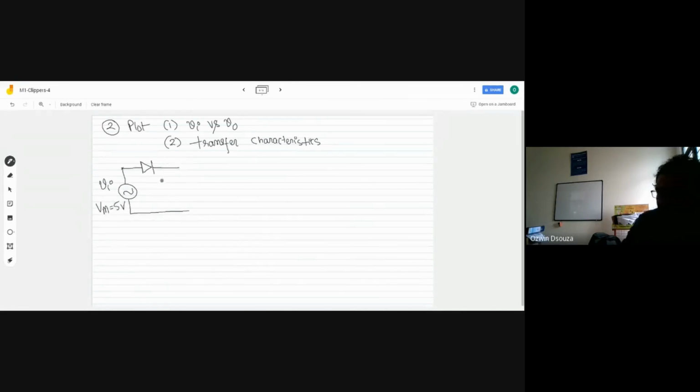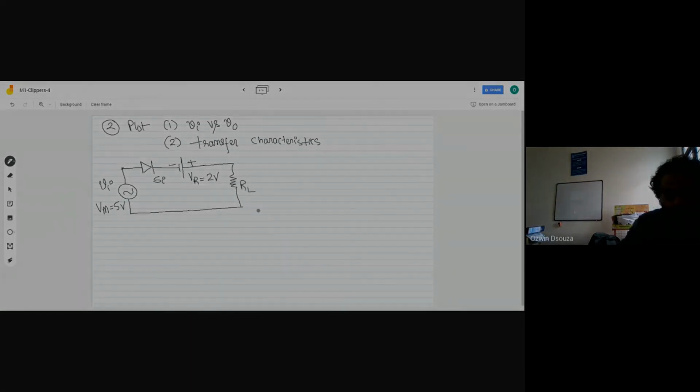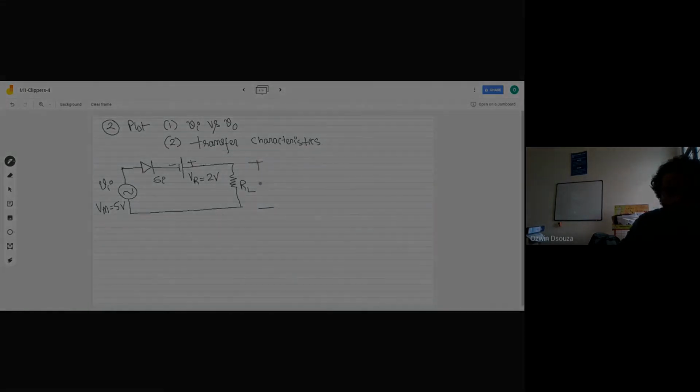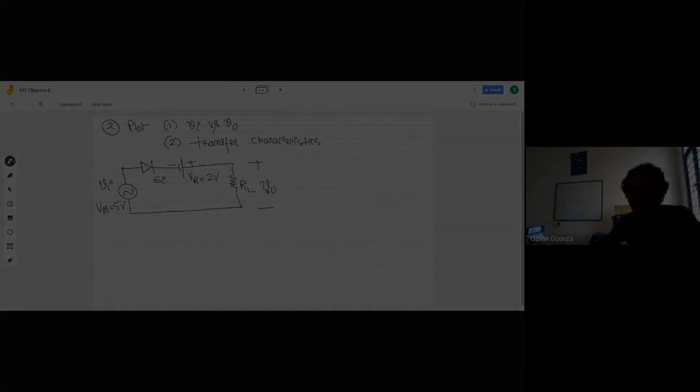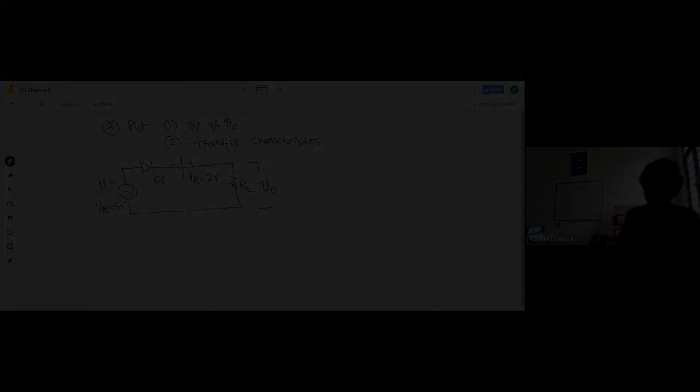It's given that this diode is made of silicon, and this will be your bias voltage VR, and its value is 2 volts. All right, so this is the problem. Try solving this problem.